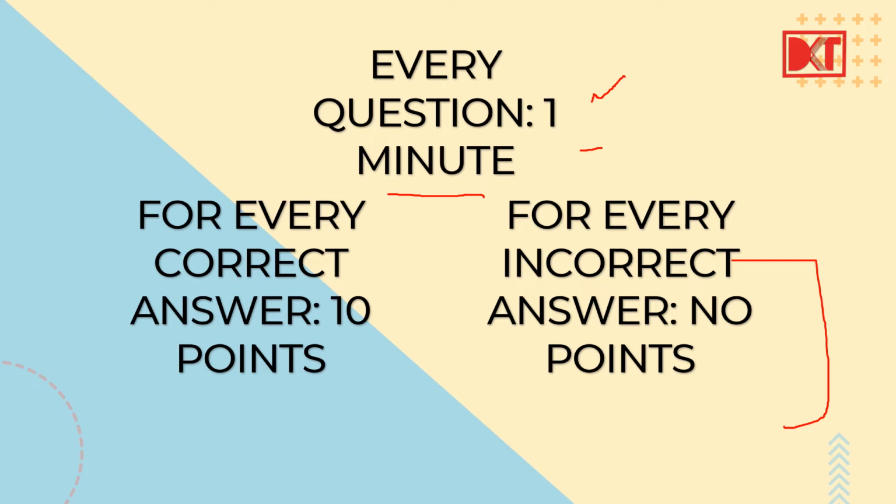But if you don't attempt that question at all, then you are anyway getting a 0, right? So it is good to attempt those questions, and even if you don't know all the answers, try to understand and take a guess. For every correct answer, 10 points. This is just for your own little game where you can maintain a notepad.